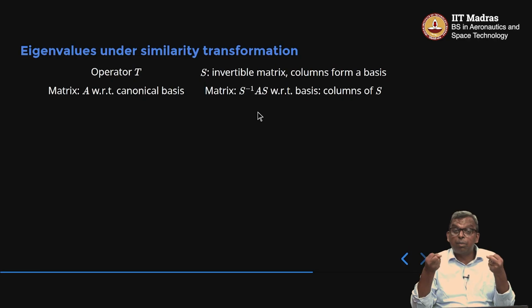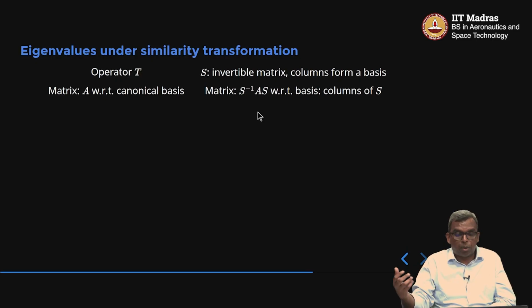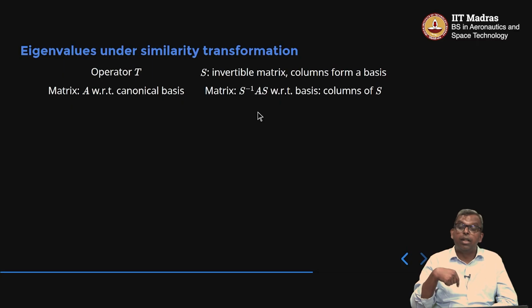So you see, for instance, determinant is actually an operator property. Just because you change from A to S inverse AS, determinant does not change. So you can think of determinant as an operator property. Like that, anything that remains the same under the similarity transform is said to be an operator property and not just a matrix property. When you think in terms of operators, operator properties become very interesting, and then a lot of legwork can be avoided if you can identify these things.